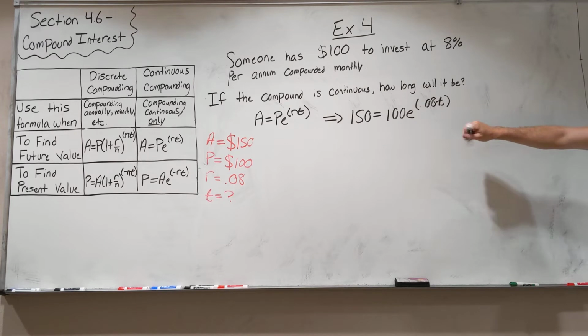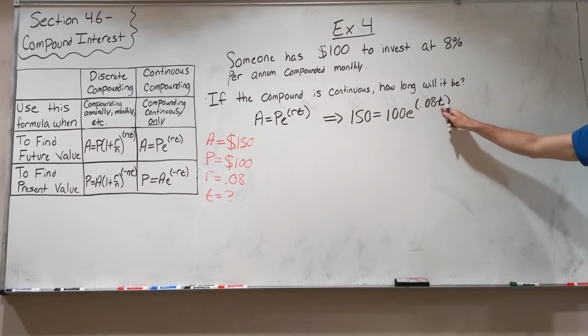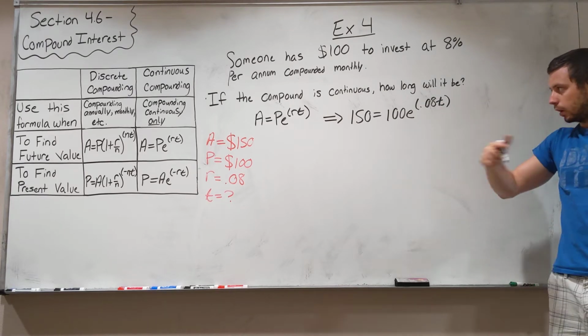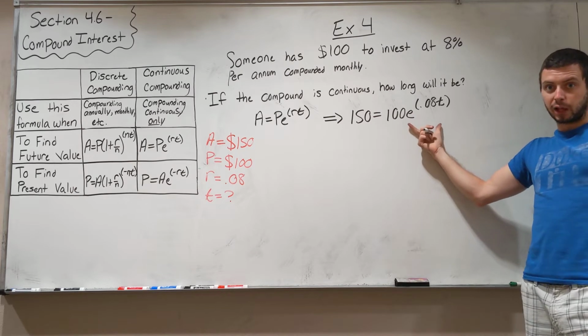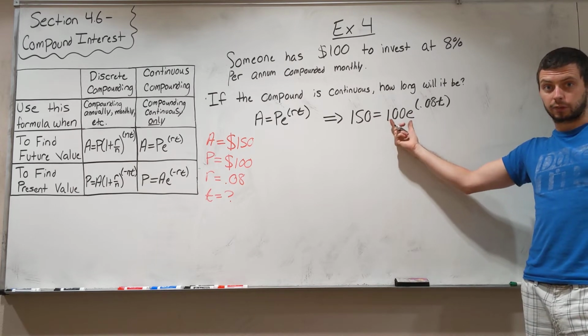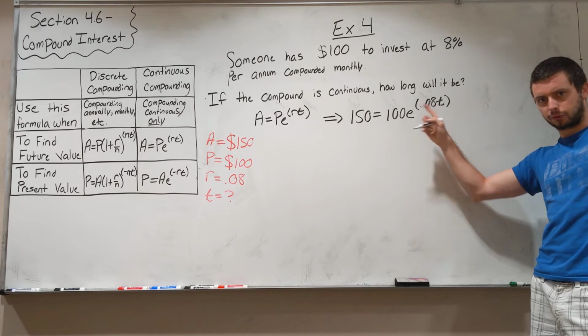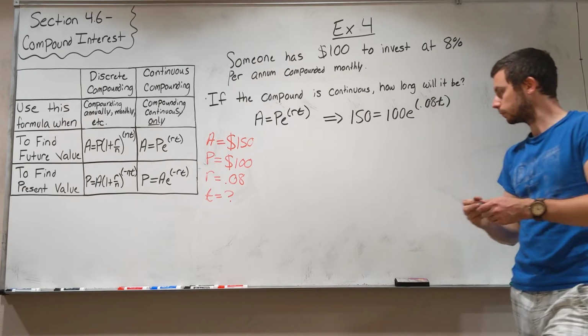So it starts off the same way. We have a problem and we need to get t by itself. We need the exponential part to be isolated, which means the 100 has to go. We're going to first divide both sides by 100.